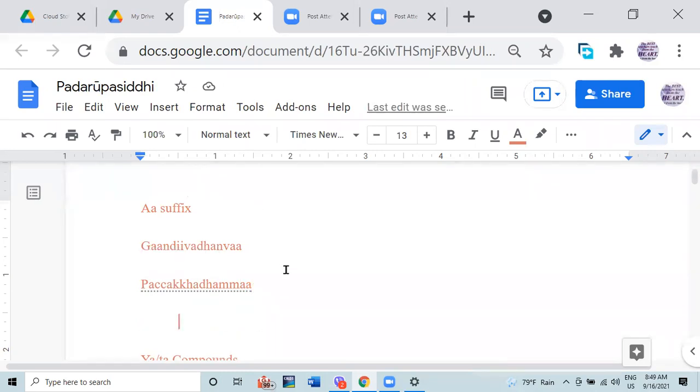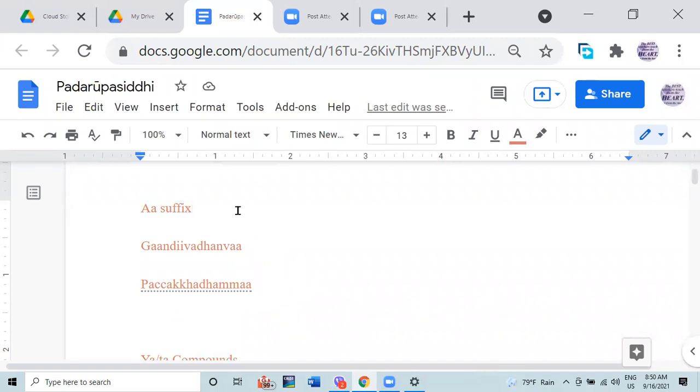Okay, asapis. Pachaka means in this case realized, the enlightened dhamma. That means the person who has enlightened dhamma or realized dhamma.